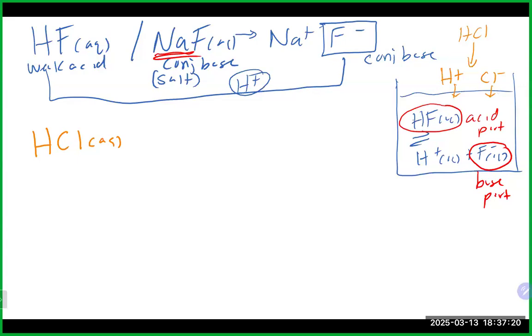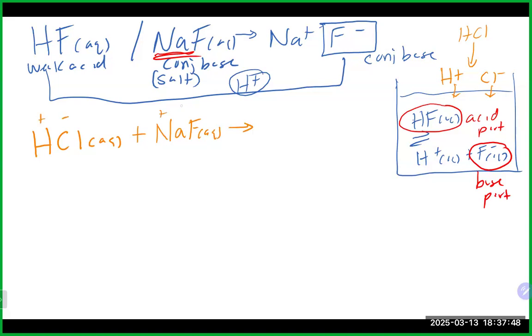When I add HCl to this buffer, will it react with the acid part or the base part of the buffer? Right. That's why they're called acid-base reactions, right? So the acid that I'm adding, the HCl, is going to go find the base part here and react with it. So we're going to get a reaction with the base part of the buffer, which is basically a double displacement reaction, right?